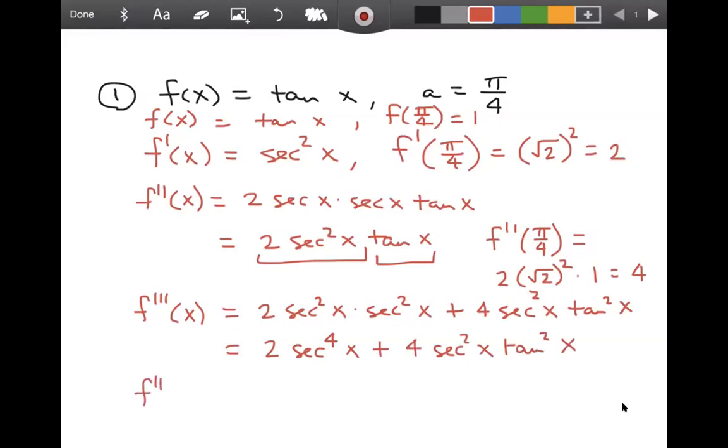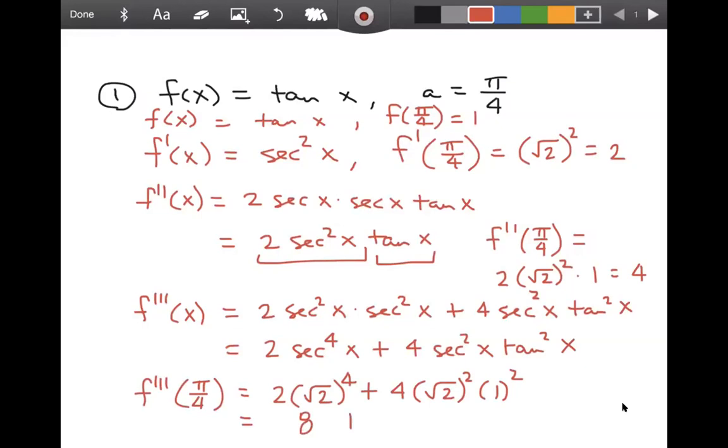And when we evaluate that function at pi over 4, we get 2 times root 2 to the 4th plus 4 root 2 squared times 1 squared. Let's see, root 2 to the 4th is 4. So this is 2 times 4 is 8. Root 2 squared is 2. So this is another 8. And f triple prime at pi over 4 comes out to 16.